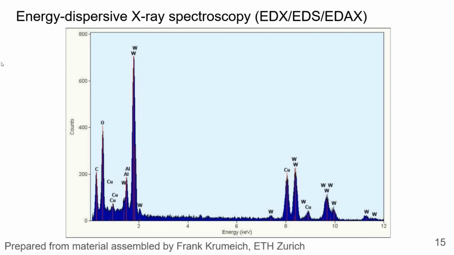And importantly, elements will only ever produce peaks at these characteristic energies. So when you see an EDX spectrum, even if you're not a material scientist, you know that it's eminently fact checkable. I'll go over how you can do that in a second.